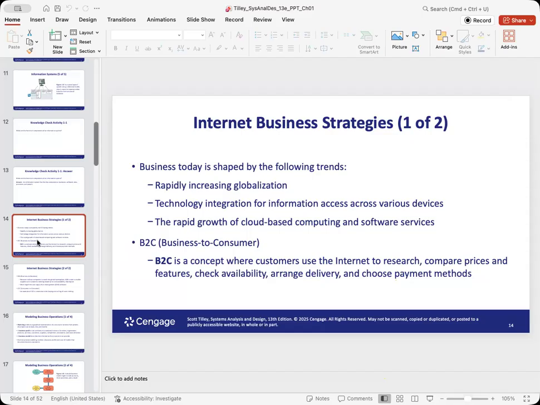So that is how internet business strategies have emerged to help our lifestyle perform better. We also have B2C, which is business to consumer. This is a concept where customers use the internet to research, compare prices and features, check availability, arrange delivery, and choose payment methods.